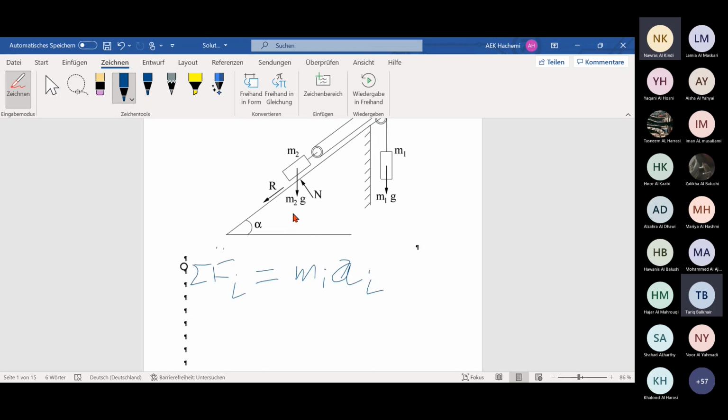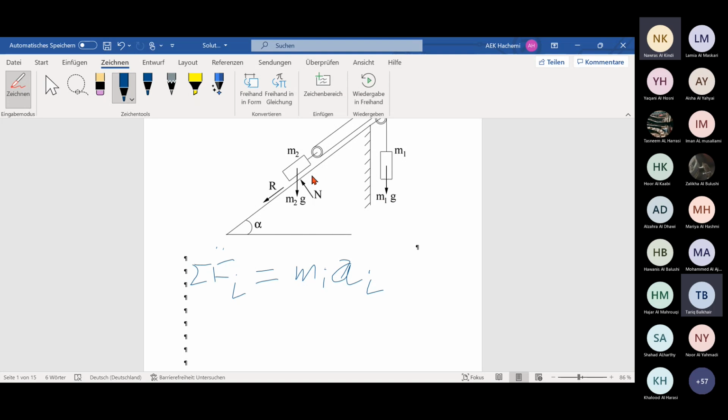If we look at what we have as forces, we have the normal force, which is the contact between the mass and the ground. We have the friction force. We have the weight G2, and we have the weight G1.